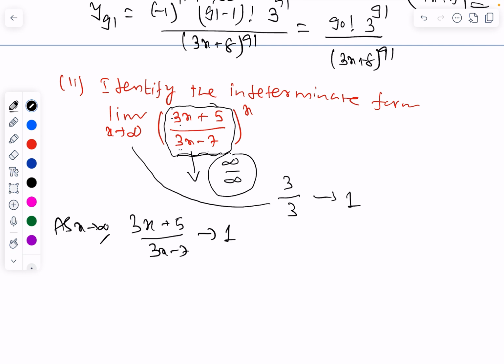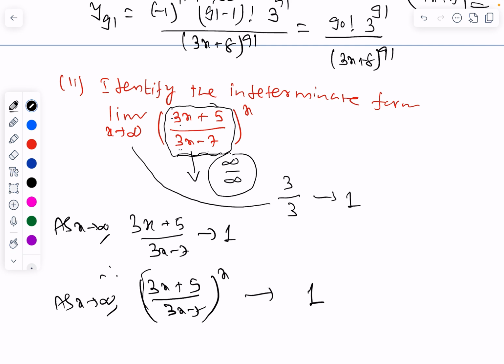And so 3x plus pi over 3x minus 7, power x, tends to 1 power infinity. So that is the 1 power infinity form.